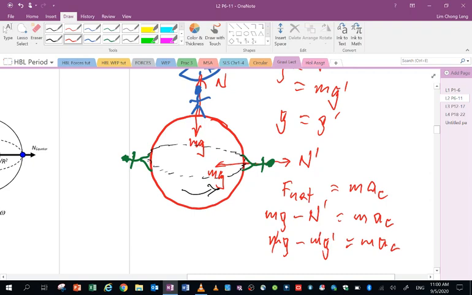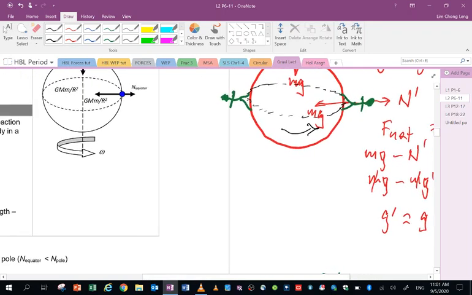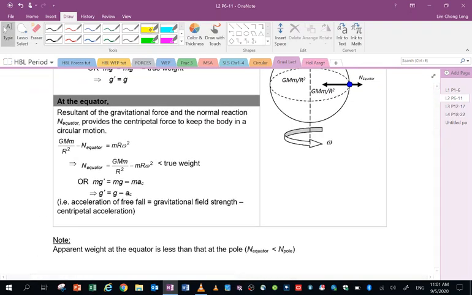If I cancel the m away, then you notice that the apparent g equals the true g minus a_c. Let's look at this: apparent g equals true g minus a_c.